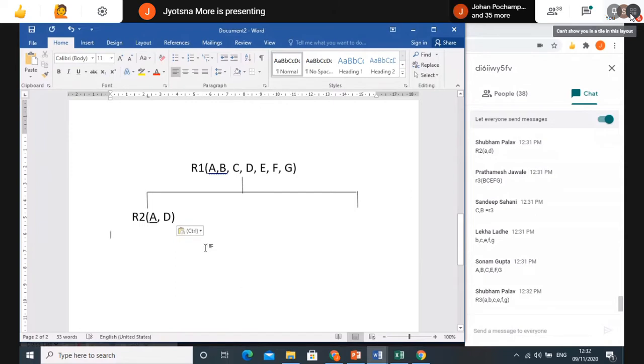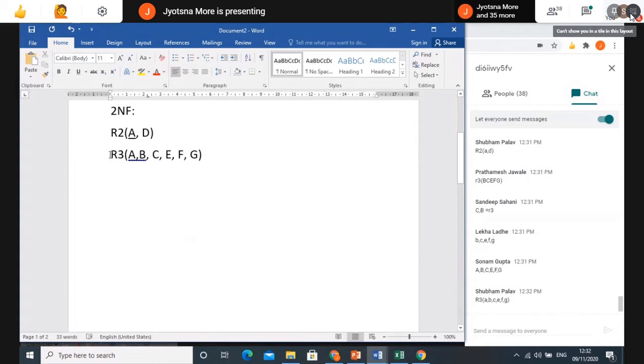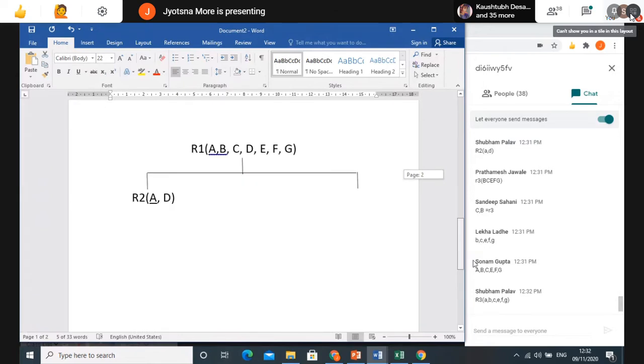Now R2 is in 2NF, correct? As well as R3 is in 2NF. No partial functional dependencies are present there, right? So now we cannot divide further. So this is my final functional dependency, where I will put a star so that it is easy for my understanding.